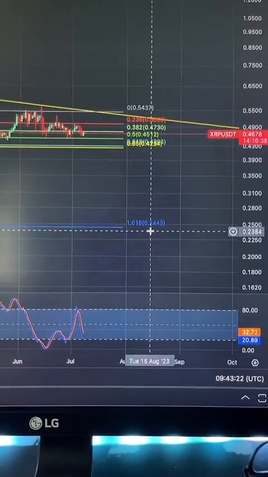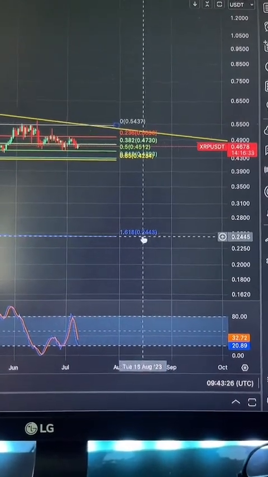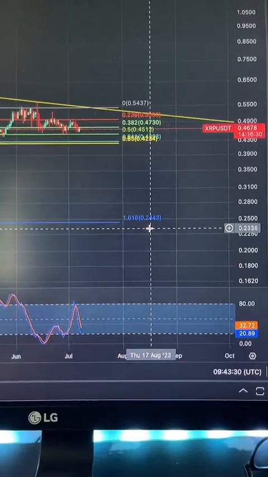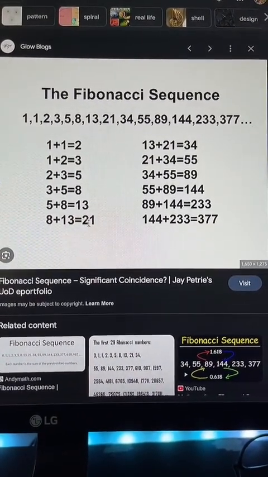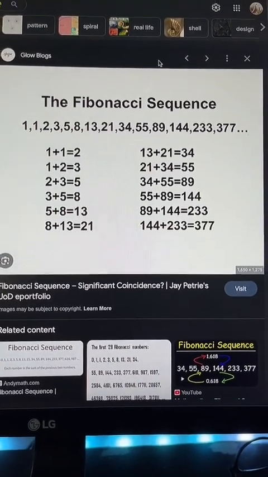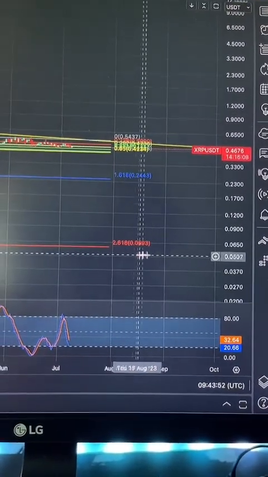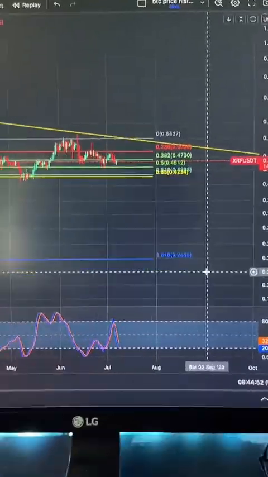Actually, it will give you 1.617, but after the 7 you have 6, so that 6 will add to 7, so it gives you 1.618. If you again divide 55 by 21, that will be giving you the 2.618. So that is pretty much how you get these numbers right here.